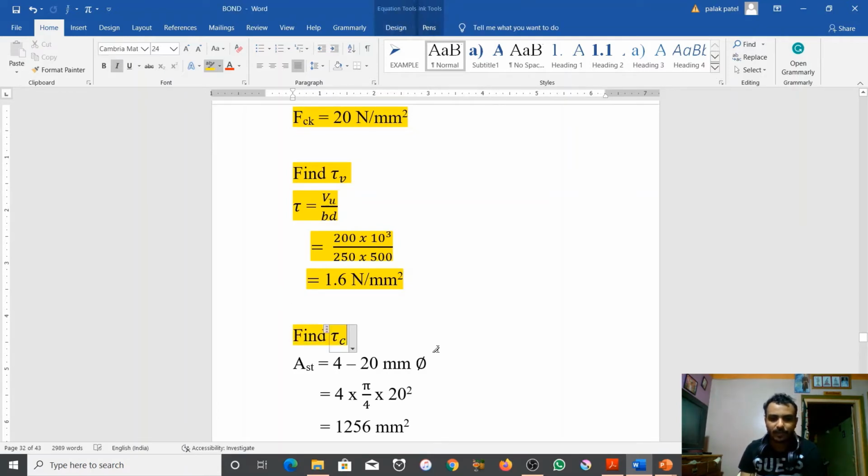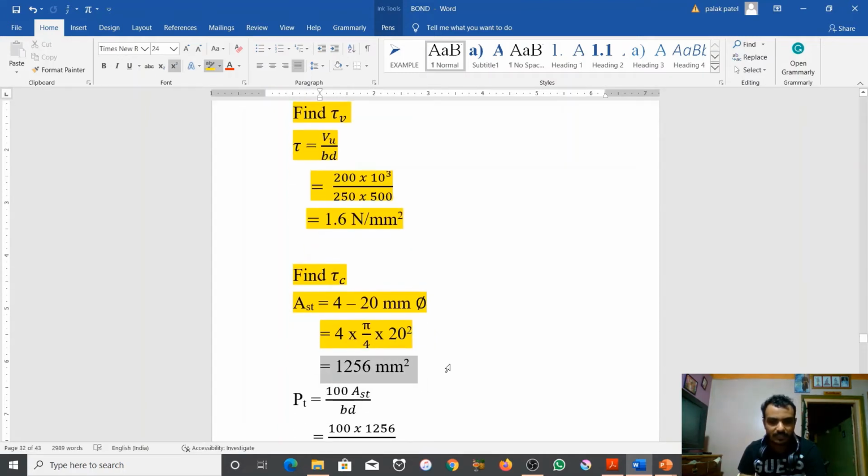Then after that we have to find out tau c. For the tau c we have to find out pt. By the Ast, area of steel in the tension zone, we can find out pt, percentage of steel. So Ast is 4 numbers of bar of 20 mm diameter, so 4 into pi by 4 into 20 whole square.